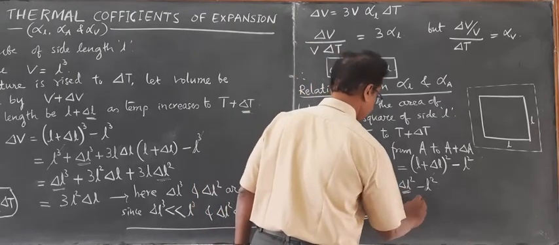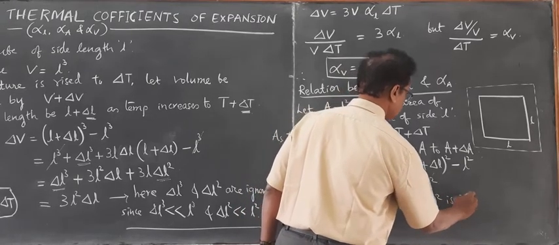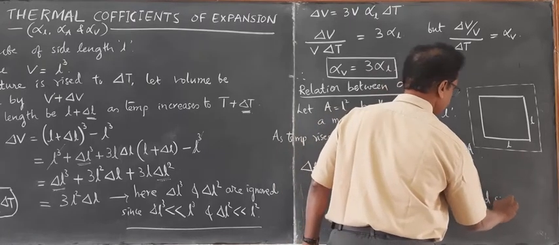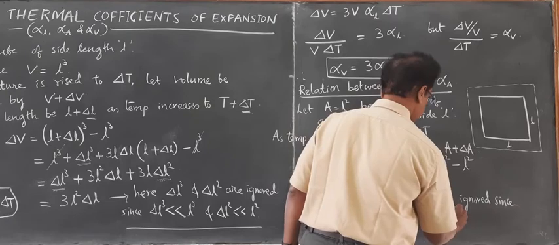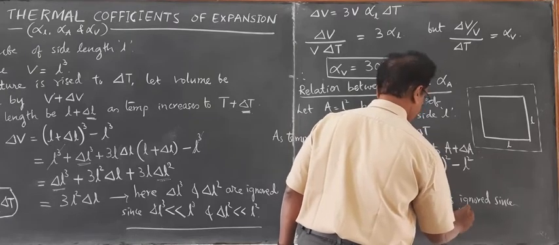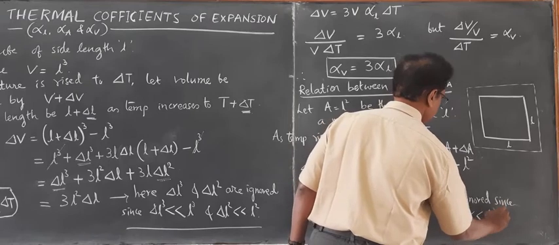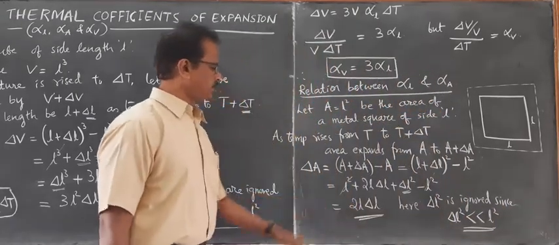Here, delta L square is ignored since delta L square is very much less compared to L square. Therefore, you are left with 2L delta L.